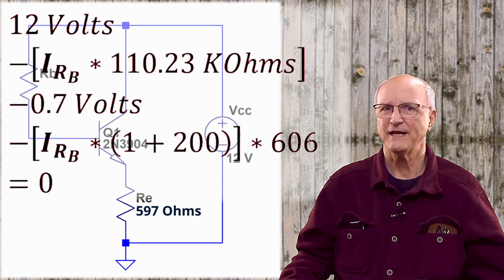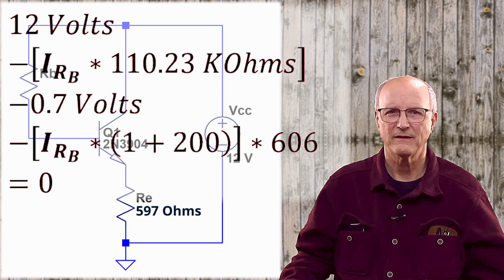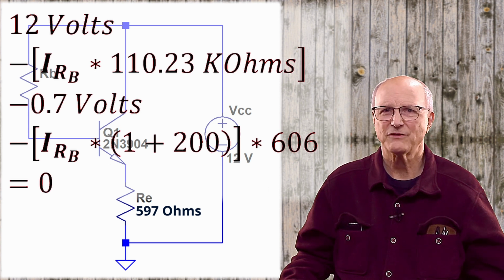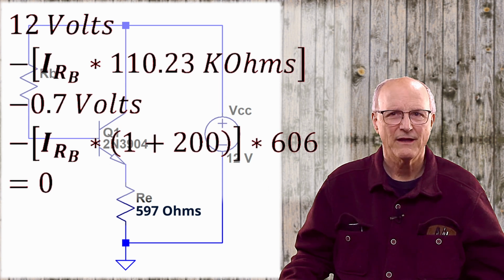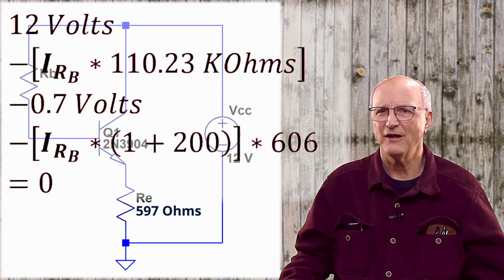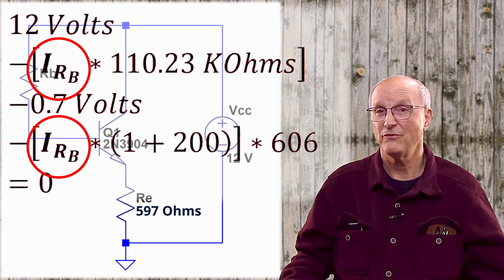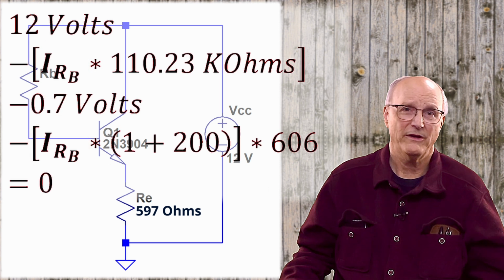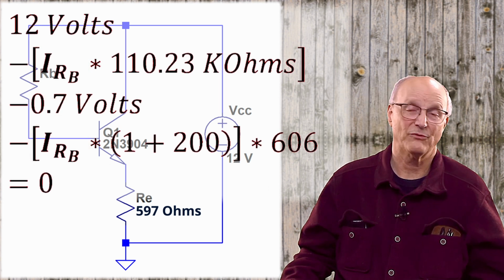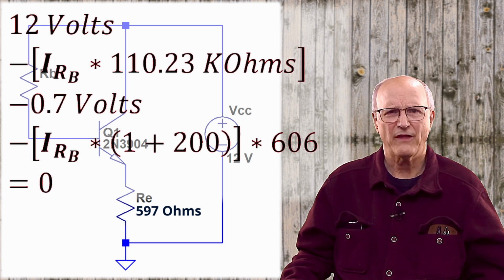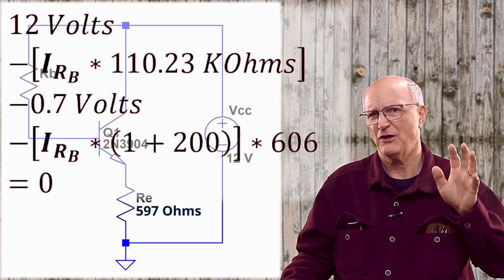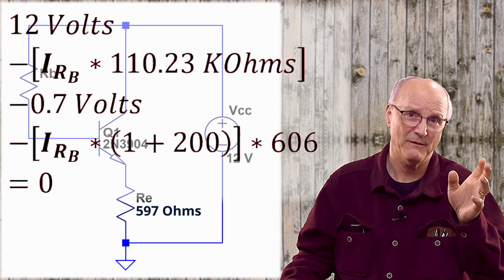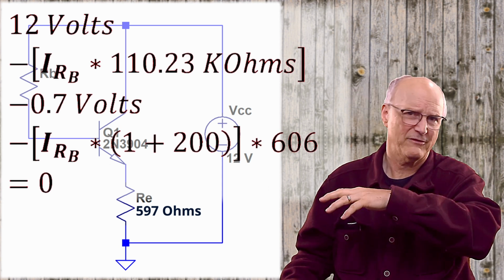Now, take a careful look at this equation. What do you see? You can see here that we have just a bunch of numbers and only a single unknown, the current through the base resistor, IRB. Now, I'm going to do a little adding and subtracting to rearrange this equation so that everything associated with the current and the base resistor IRB is on one side of the equal sign and all of the numbers on the other side.